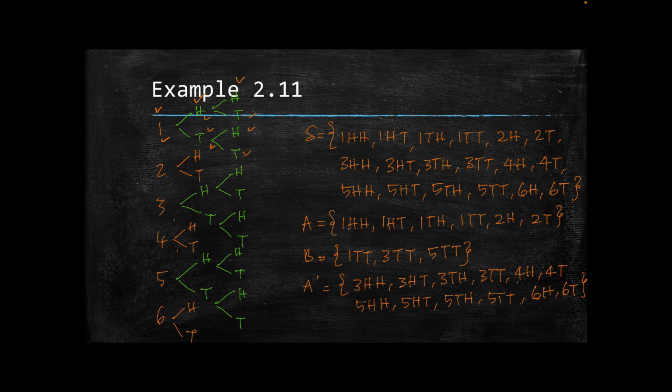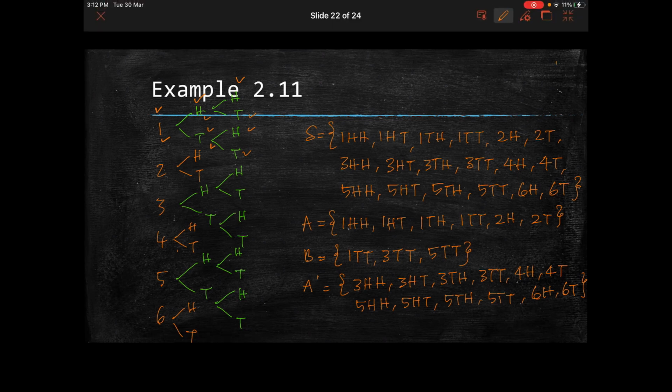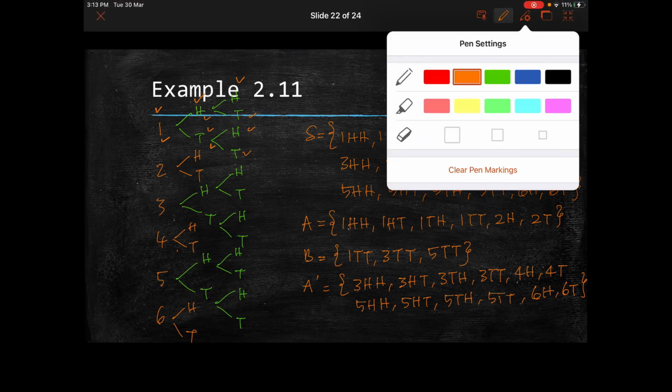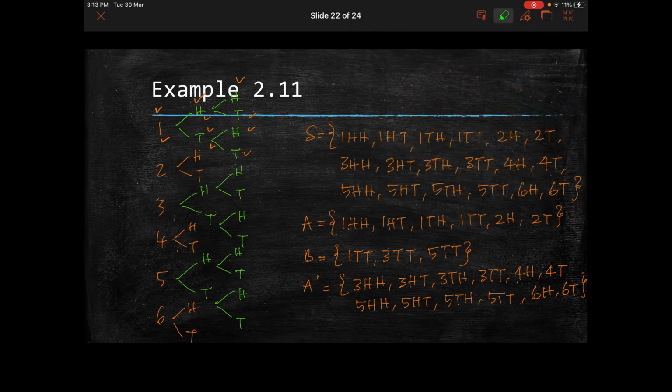Okay, so A prime intersection with B. You have to find those elements in common, we have 3TT and 5TT. So A prime intersection with B is 3TT and 5TT.